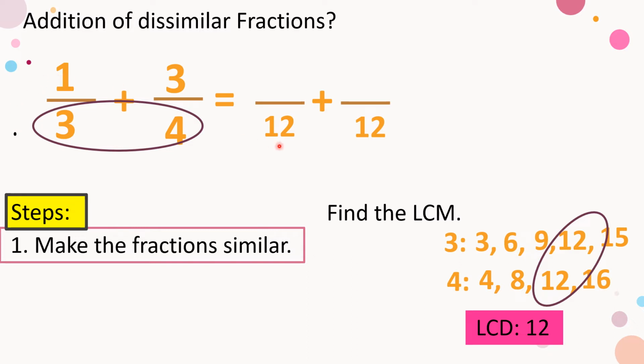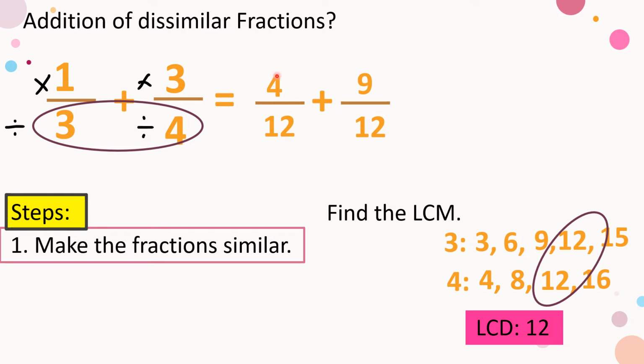Okay, so 12 divided by 3 is equal to 4, times 1 is equal to 4. And then, 12 divided by 4 times 3. So we have 12 divided by 4, and that is equal to 3, times 3, that is 9.